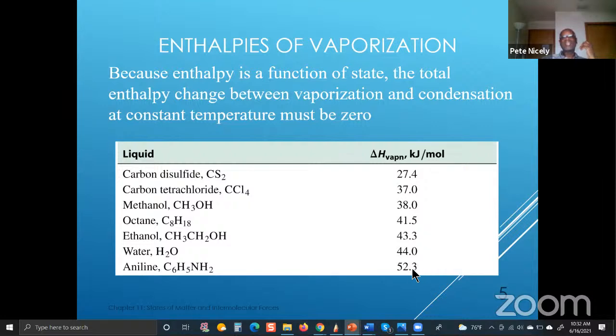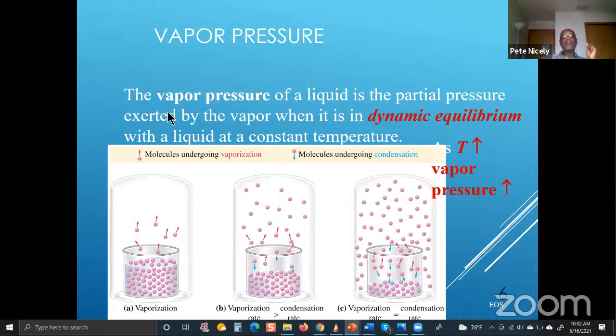Aniline is the highest of these in this list right here. But these are just some examples of different compounds. And what you're going to see is that the magnitude of this term, enthalpy of vaporization, is related to the type of intermolecular forces that exist between the molecules, all right? Another thing we need to talk about here is vapor pressure.